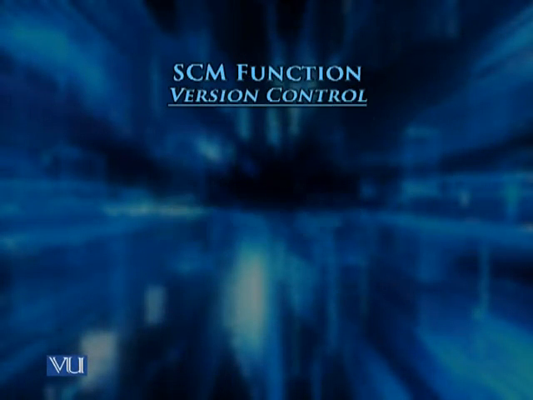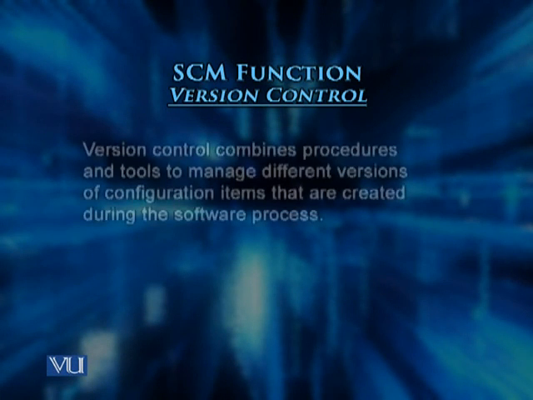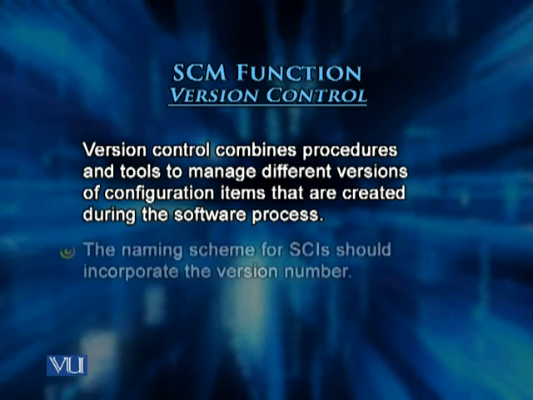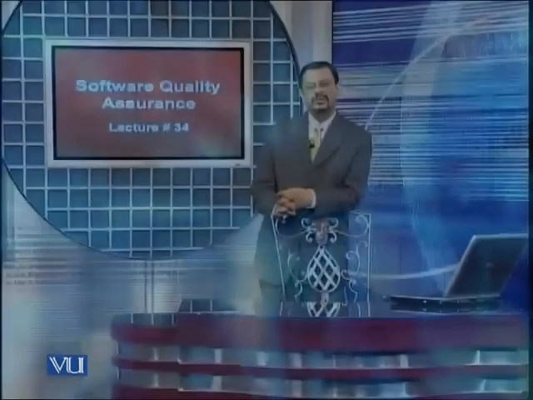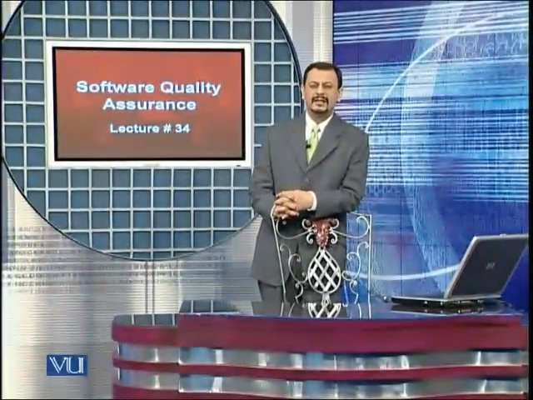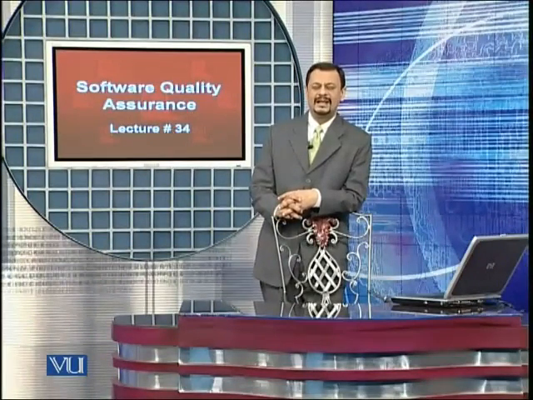The second SCM function is version control. Version control combines procedures and tools to manage different versions of configuration items that are created during the software process. The naming scheme, as I've said, for SCI should incorporate that version number. For organizations producing software products which have different versions, version control is an important and integral part of their software configuration management policy and procedures.